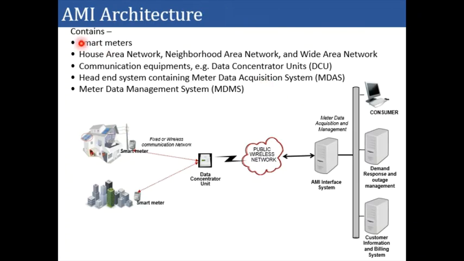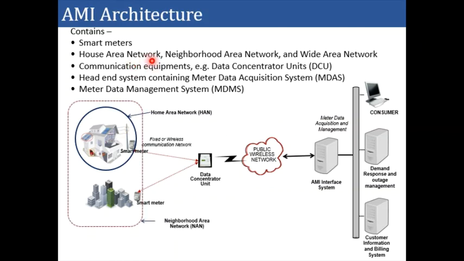Now let's talk about the AMI architecture, how the AMI architecture is built. So AMI architecture essentially contains smart meters, house area network. So you will see the house area network is the part of your AMI architecture.